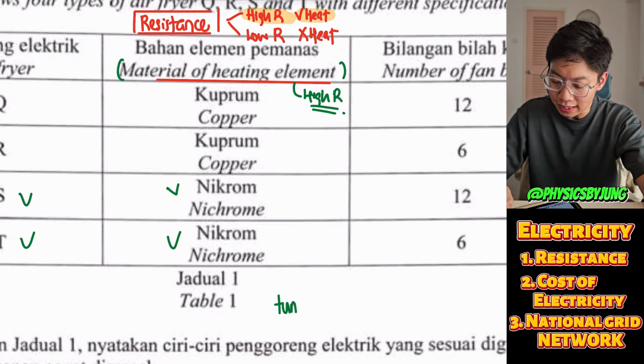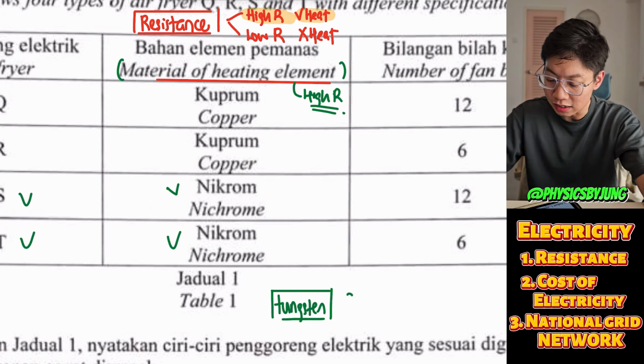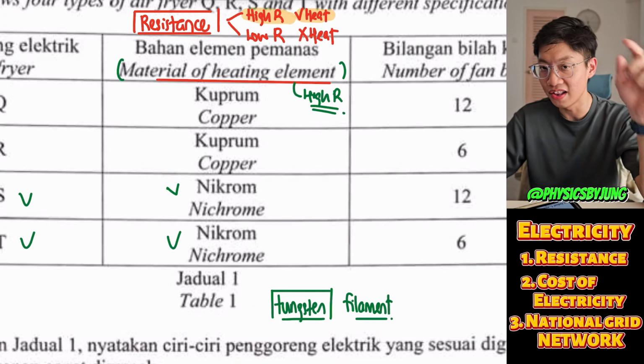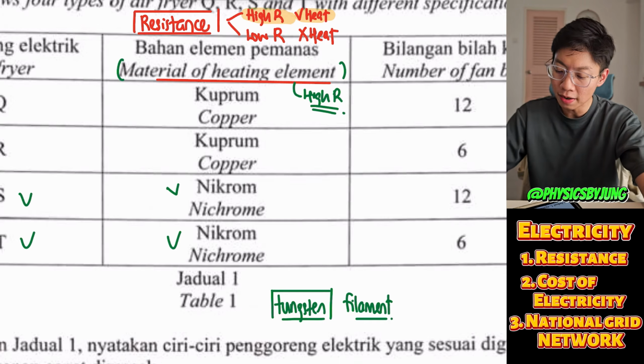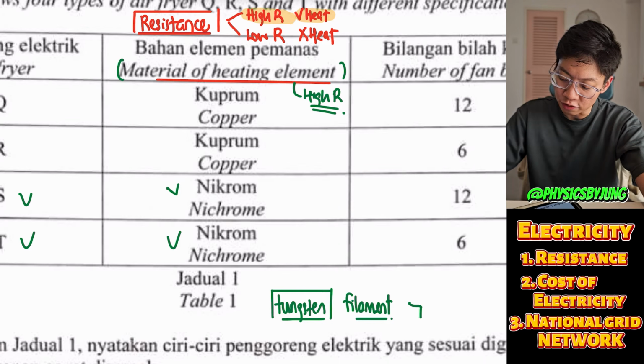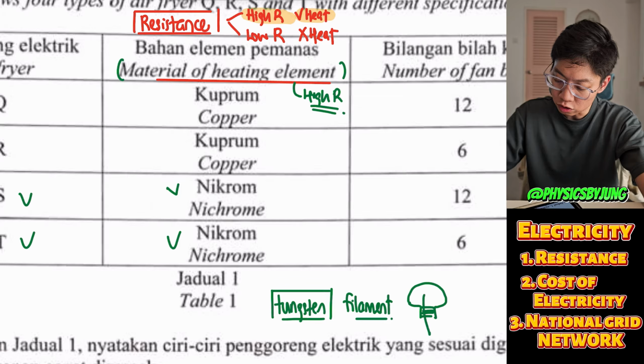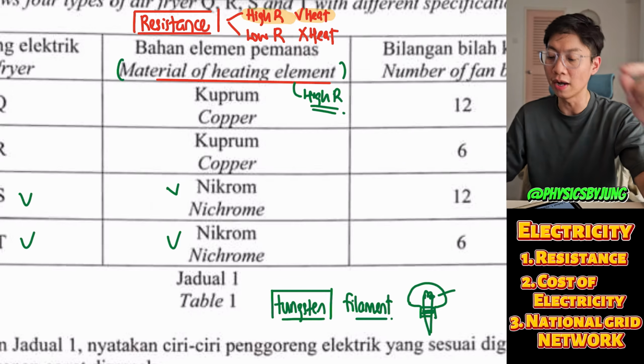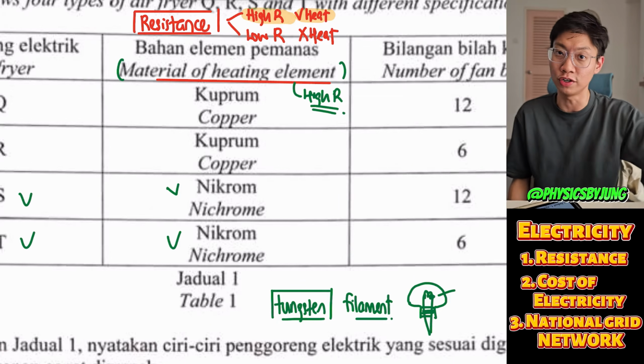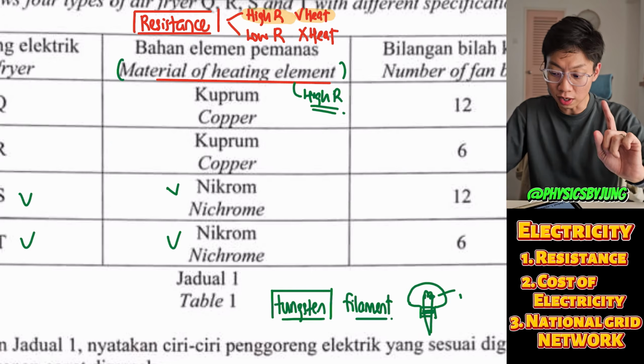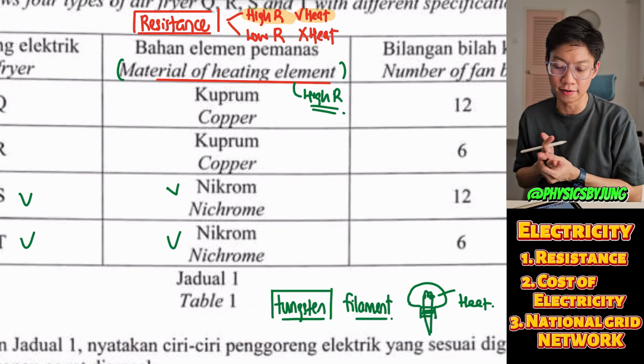And the other one that has high resistance is tungsten, whereby tungsten is usually used in the filament of your light bulb. Alright, so what's a filament? If you see this is a light bulb, so this is the filament. This thing will have to produce heat in order for it to light up. So this one, you want heat.